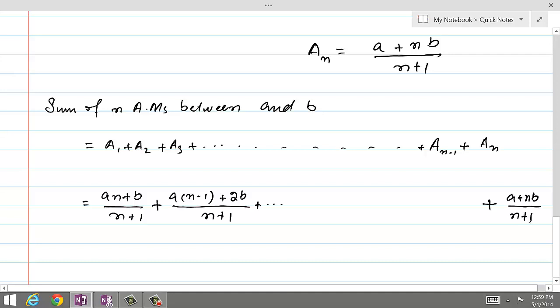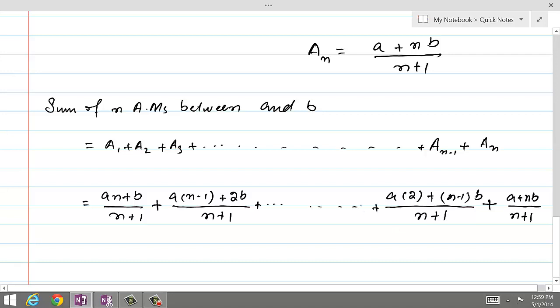And what would be the value of an minus 1, the value just before the last term? Clearly if this was nb, then that would be n minus 1 times b. So the coefficient of b would be 1 less, and the coefficient of a would be 1 more. So this would be (2a plus n minus 1 times b) over n plus 1, and so on.